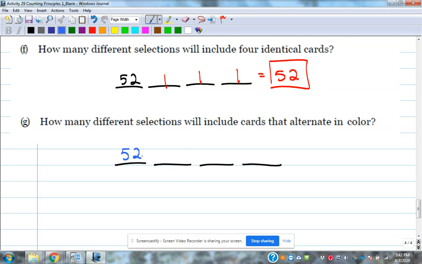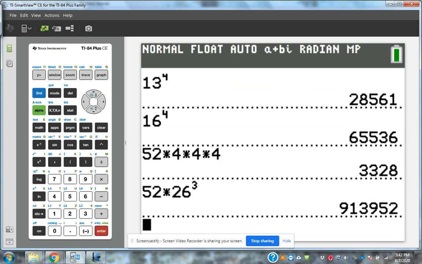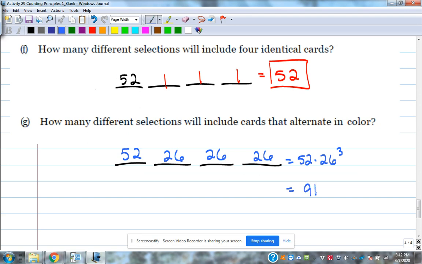So whether we pick red or black in the first choice, the second one's just going to be half of the possible. And then the third one's got to be half again, and the fourth one too. So we have 52 times 26 to the third. 52 times 26 cubed is 913,952.